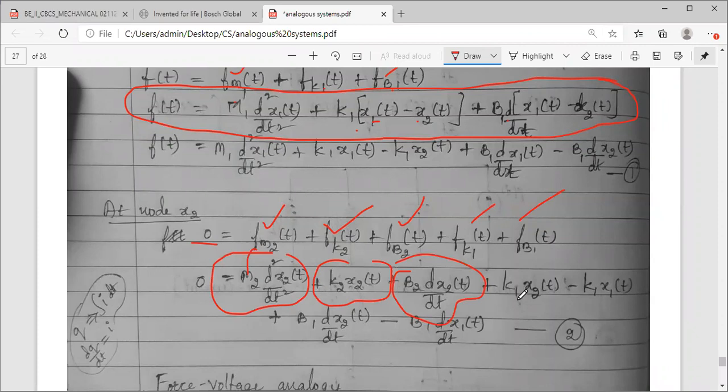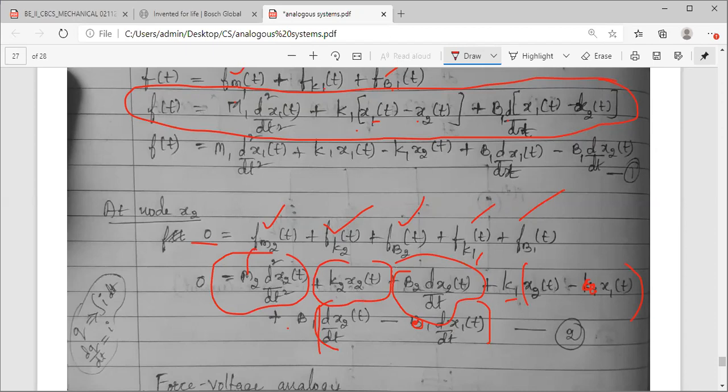Now coming to K1, better you write like this: K1 x2 minus x1 plus B1 d by dt of x2 minus x1. Better you write like this only. No need to expand.